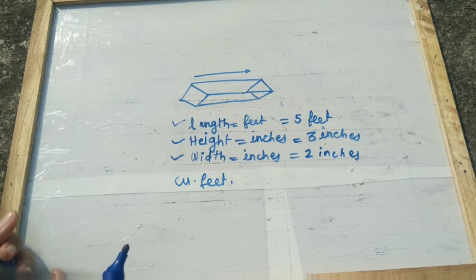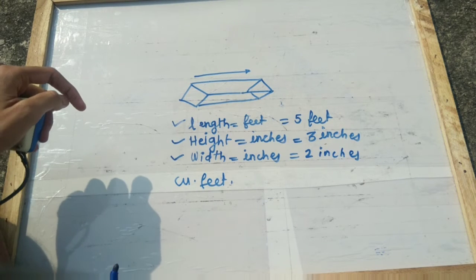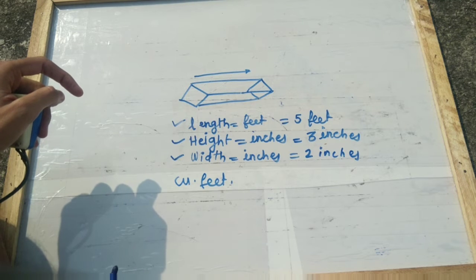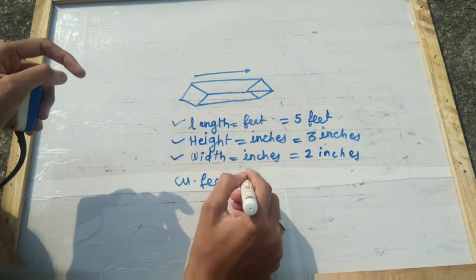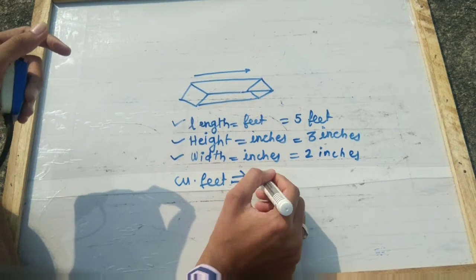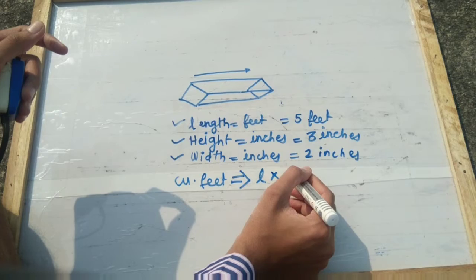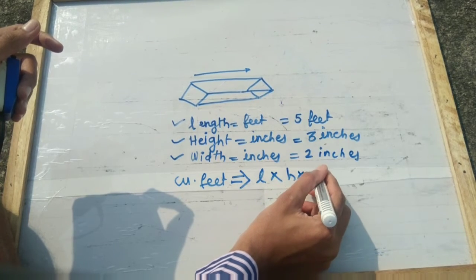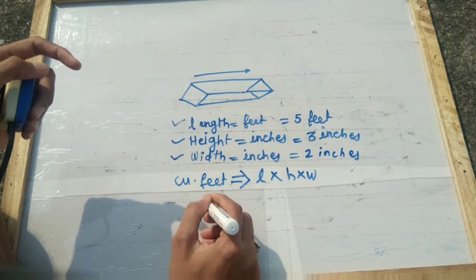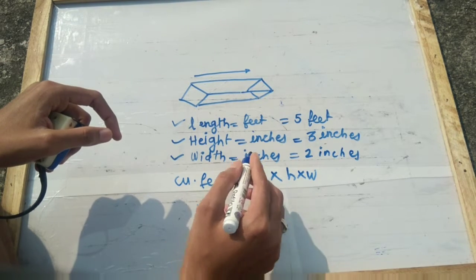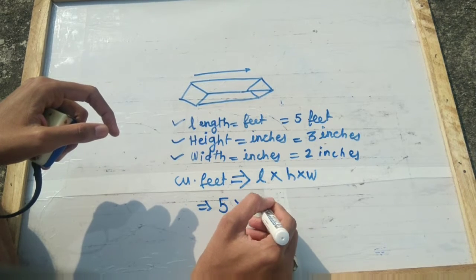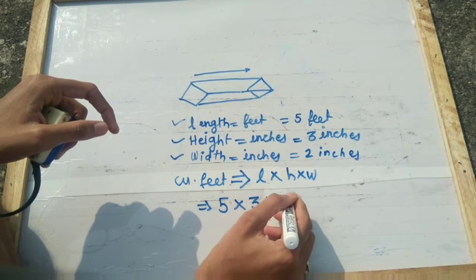We need the cube feet. In school we understand how to calculate the volume of the cube. Therefore, we have a formula. The formula is length into height into width. So friends, we put our values. Length is 5 feet, height 3, width 2 inches.